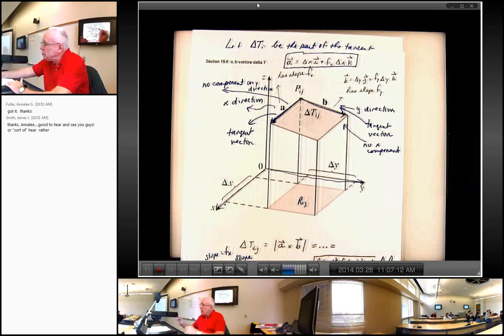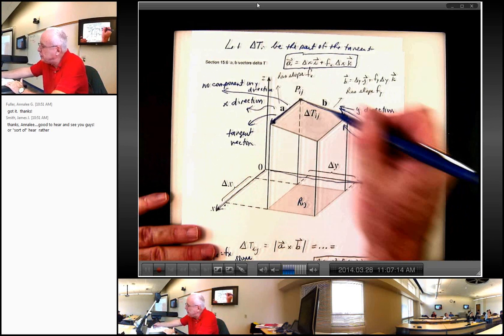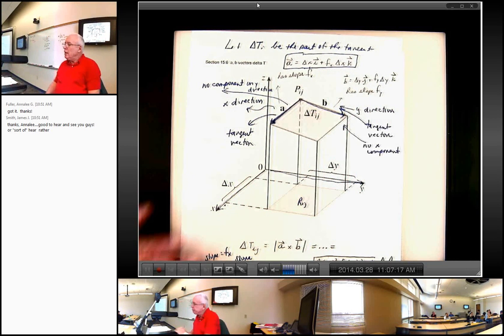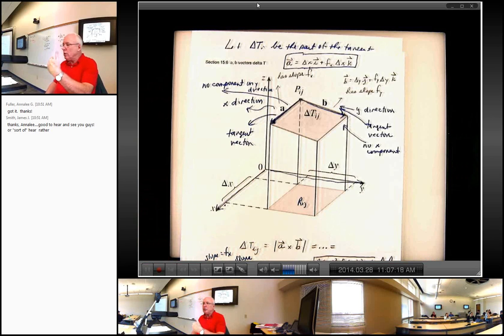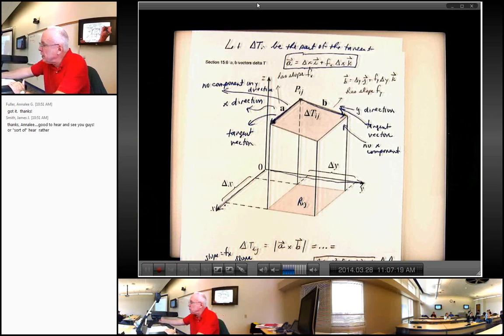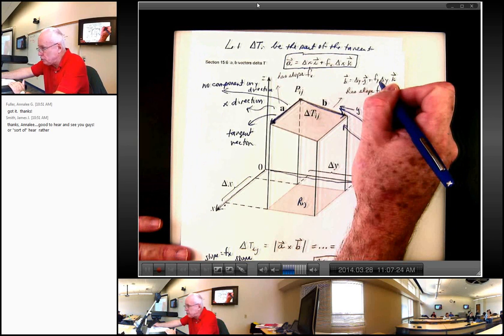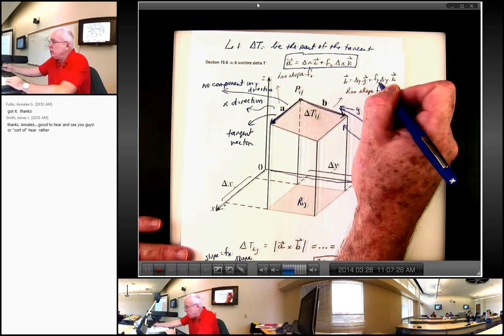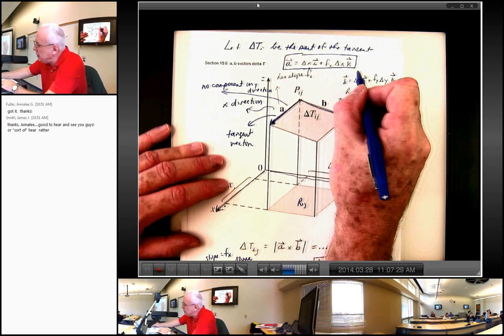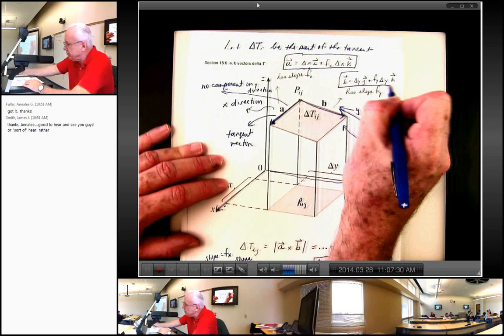If we let the j component be delta y, then the change downward or upward in the z direction is delta y times the partial derivative fy. So we get that B is equal to this vector.